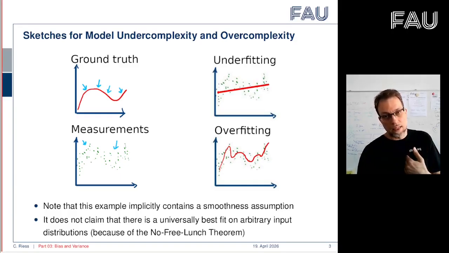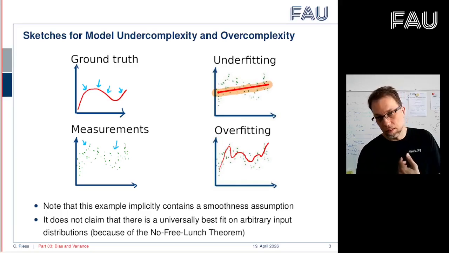So in that case, this first function here is underfitting. It's not implausible, but it's underfitting. The second variant here is also not implausible, but it's overfitting.